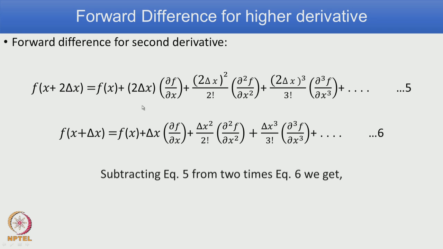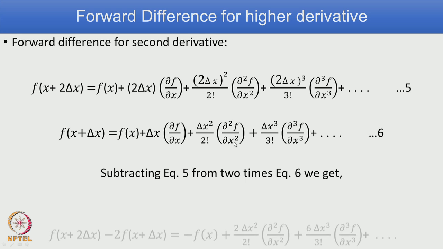So, if you subtract equation 5 from equation 6, because we are interested in the second derivative ∂²f/∂x², we need to have other terms cancel. So, we do the operation subtracting equation 5 from 2 times equation 6.